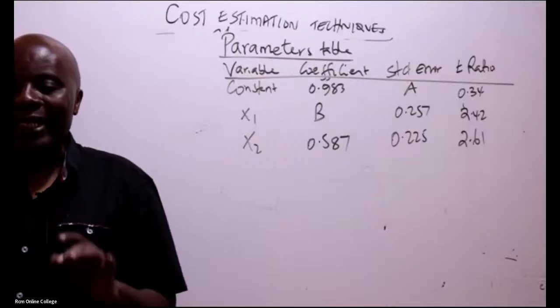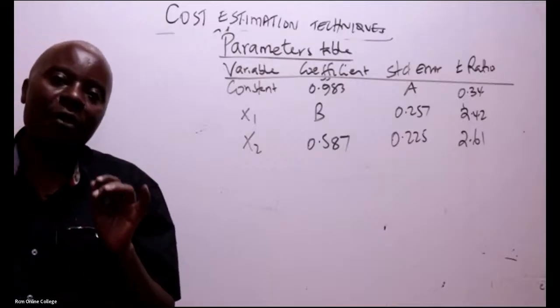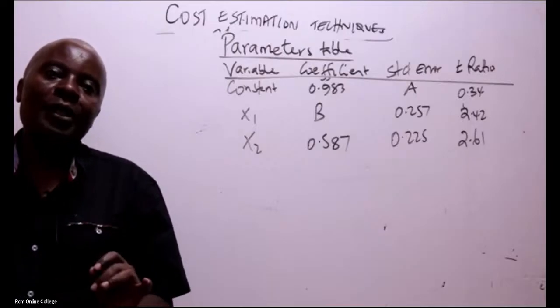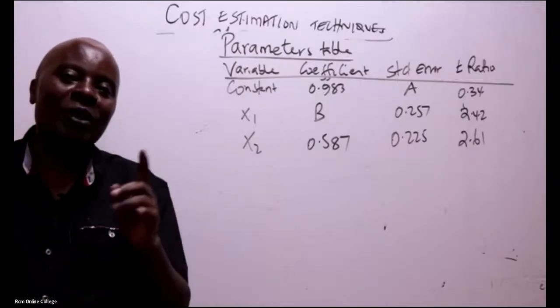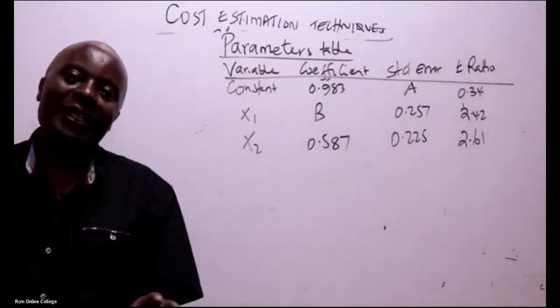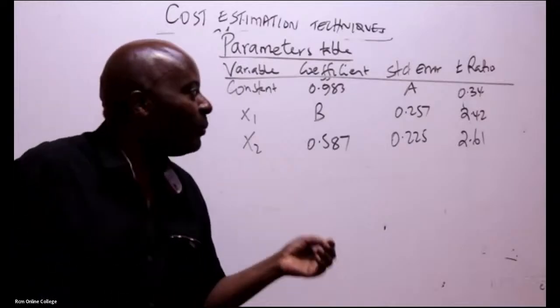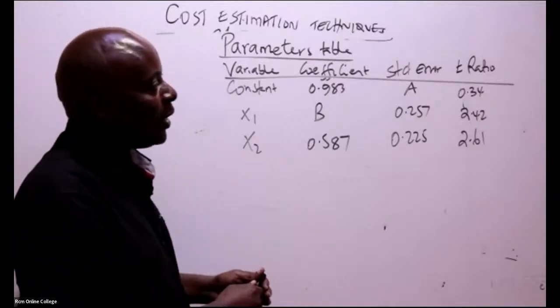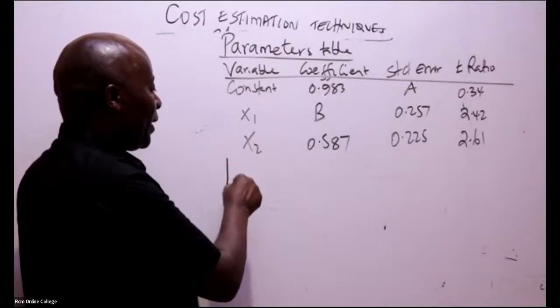So the first thing that they want us to do is to give them the missing values. Like last semester, they told us to give them the missing values. Tell them what is A. Here, the most important thing is for you to remember the formula of getting this T ratio.